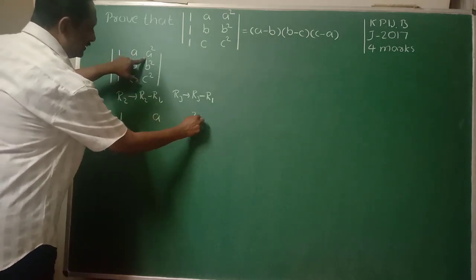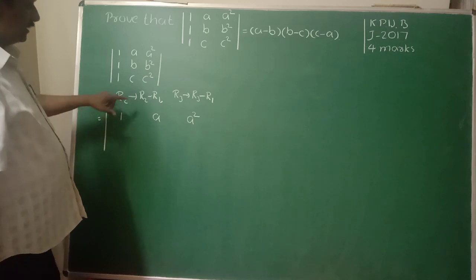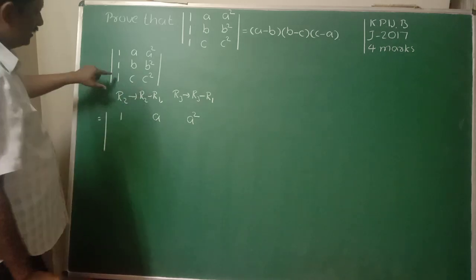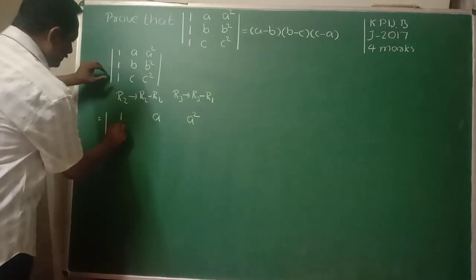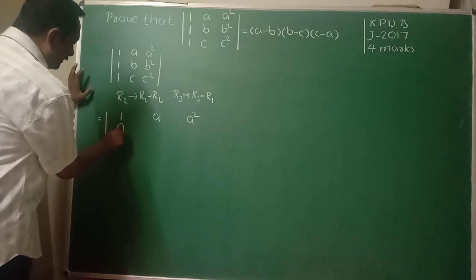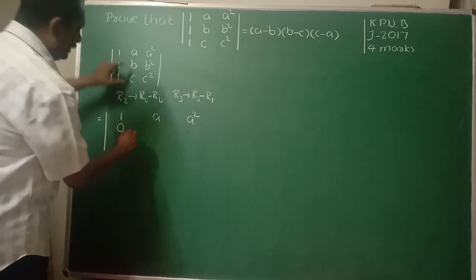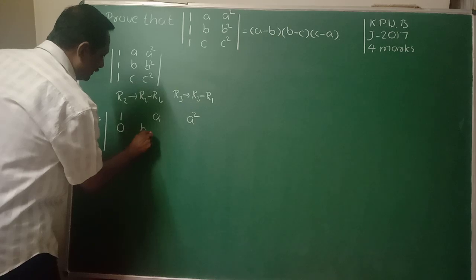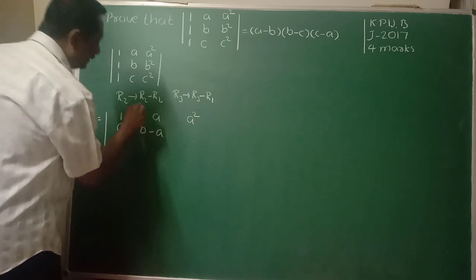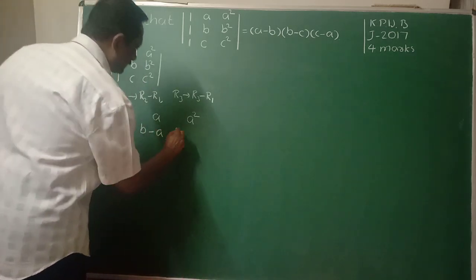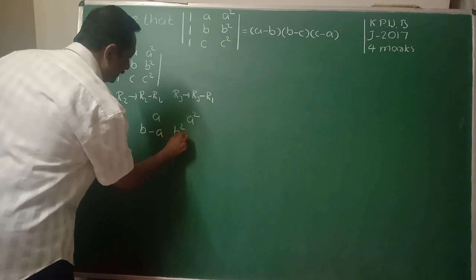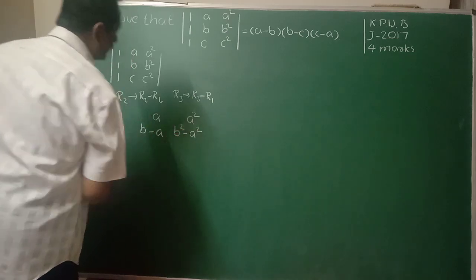For R2 minus R1, 1 minus 1 becomes 0. Then b minus a, then b square minus a square.